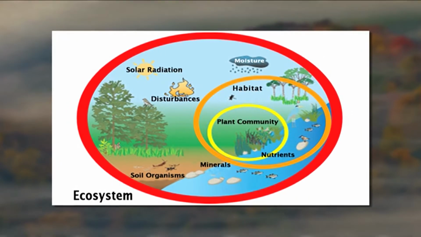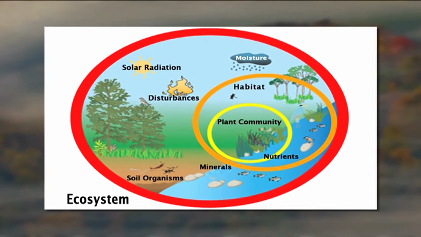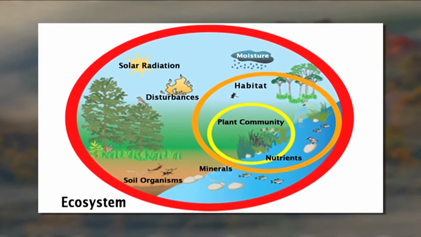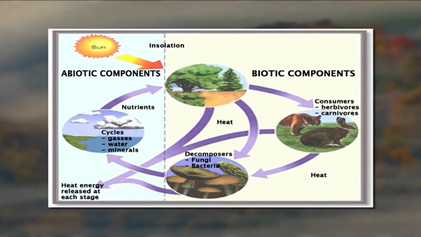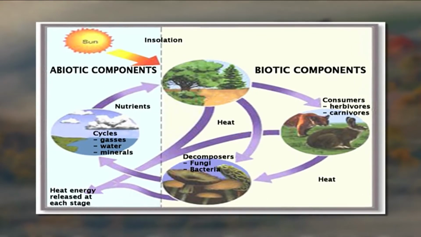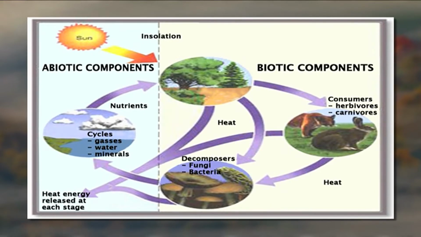An ecosystem is defined as a dynamic complex of plant, animal and microorganism communities and the non-living environment which are interacting as a functional unit. Within the ecosystem exists a complex and dynamic set of relationships among these organisms and between them and their physical environment.